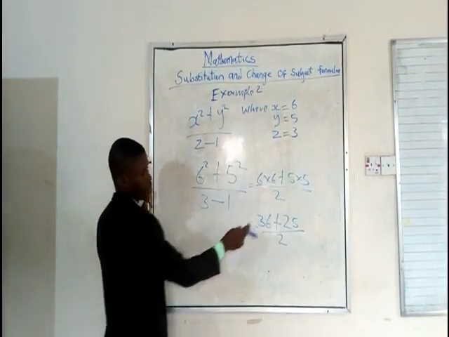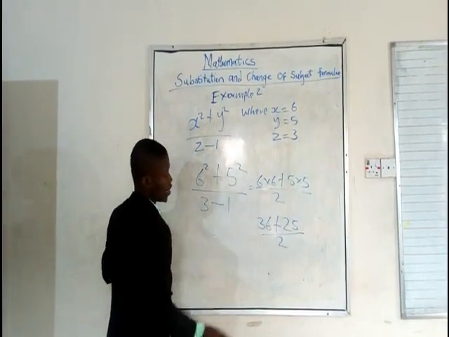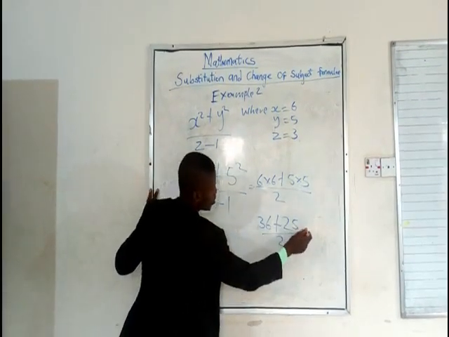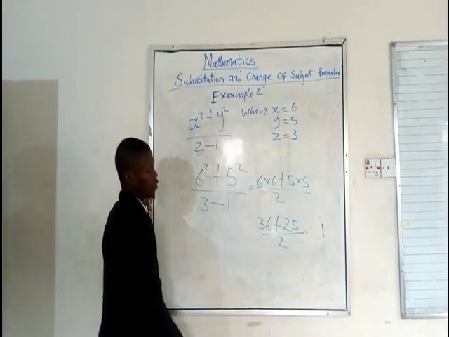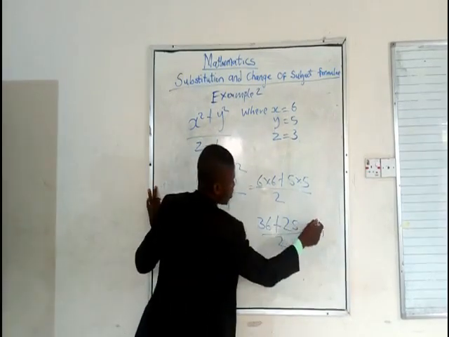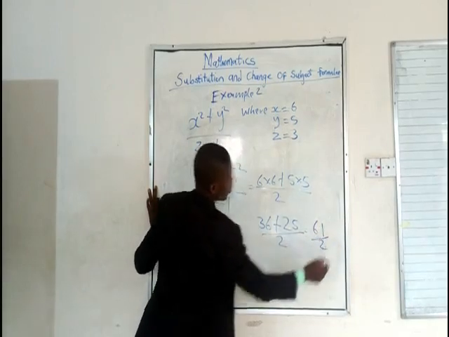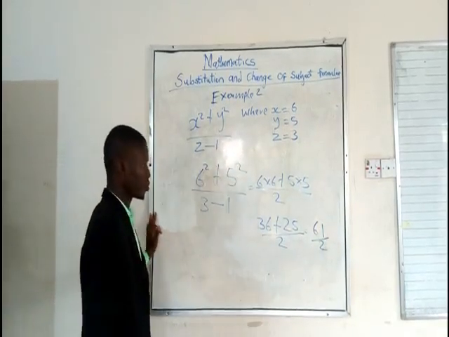Let's add. 6 plus 5 is 11. You write 1, carry 1. 3 plus 2 is 5, plus 1 is 6, divided by 2. Let's divide.